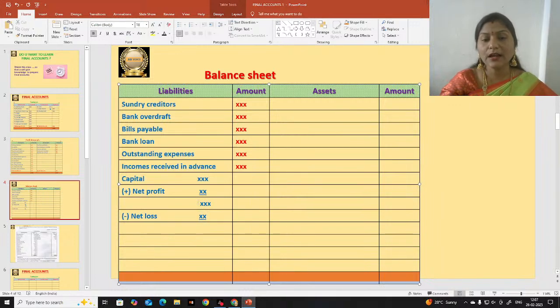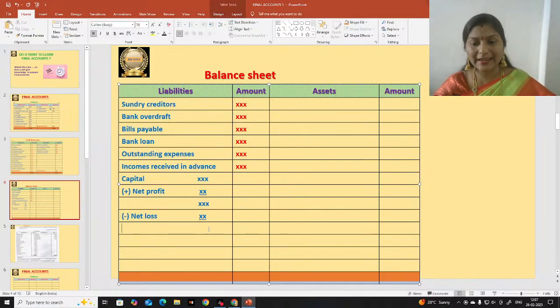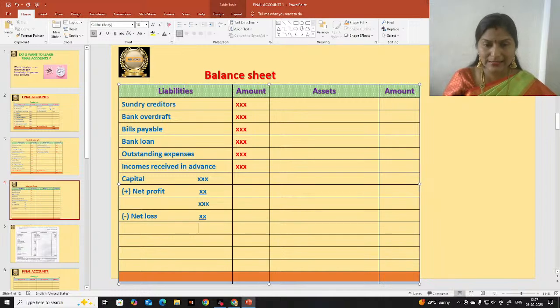If we get net loss, we deduct it from capital. Not both, either net profit or net loss. After deducting this net loss, we will get one value. I am just mentioning XXX because we are not recording any values here. It is just a format.